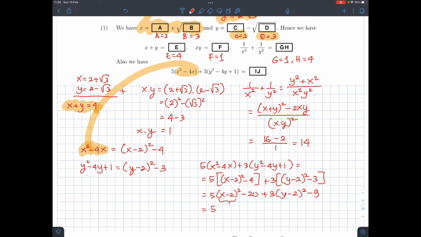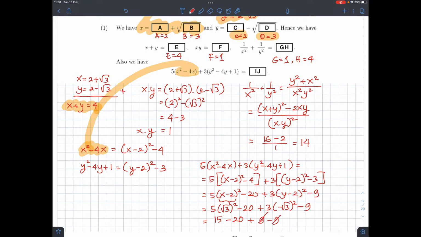So you put here square root of 3 squared minus 20 plus 3 times negative square root of 3 squared. Okay, this is a very simple calculation. This becomes 3 times 5, 15, minus 20, plus 3 times 3 is 9, minus 9.